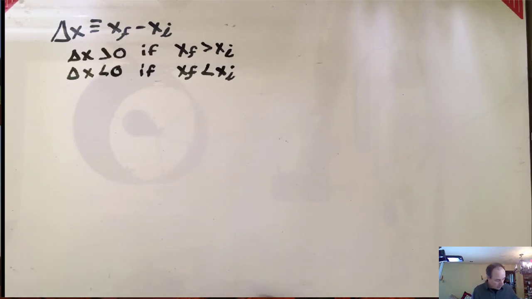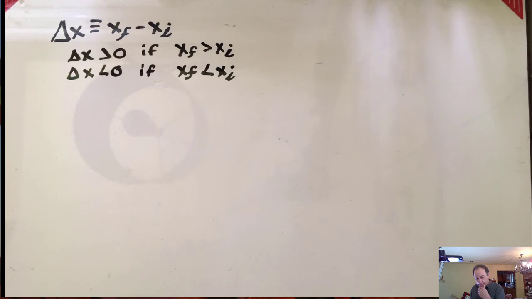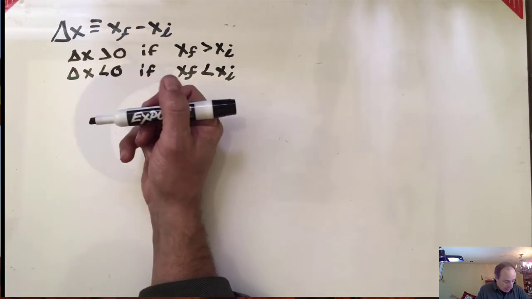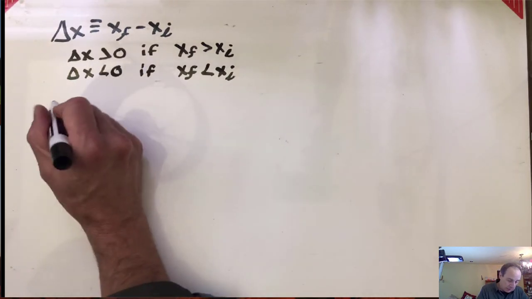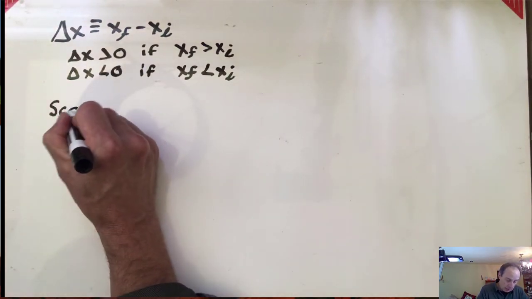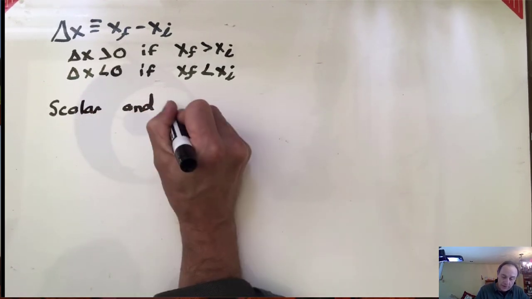Okay, so this kind of brings in the idea of vectors, which we're going to deal with a lot more in the next chapter. But as a quick introduction, you can compare two quantities, scalar and vector.